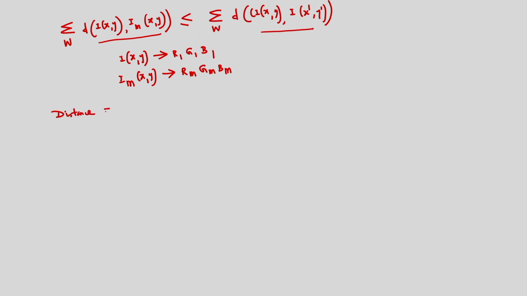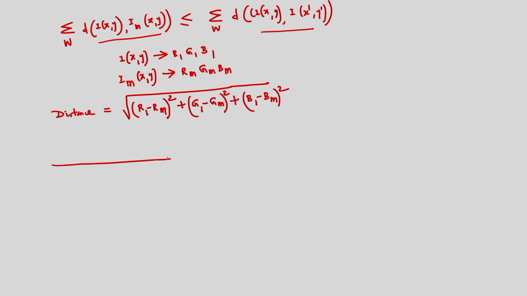The distance is in terms of the RGB value, and this is the Euclidean distance I am considering. The distance between any pixel Ixy and the median pixel will be less than or equal to the distance between any two pixels. So that is the motivation behind the median filter.